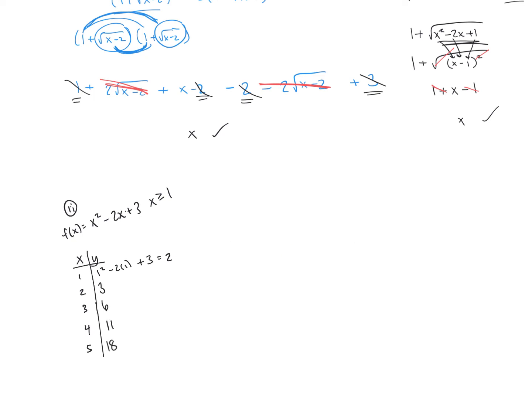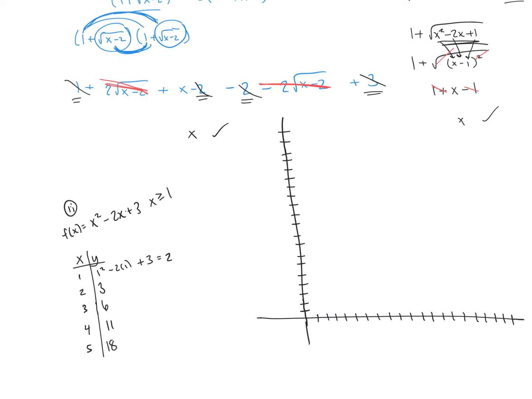All right, so basically I get these points, which I am now going to graph. So 1, 2, 3, 4, 5. Okay, I made the x-axis and the y-axis both go to 20.